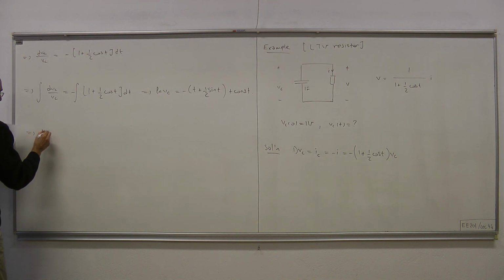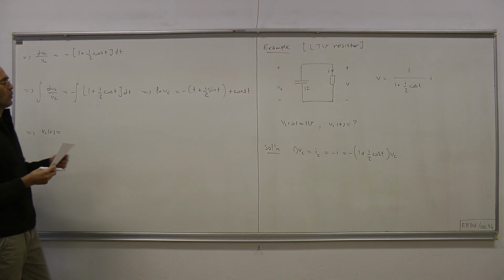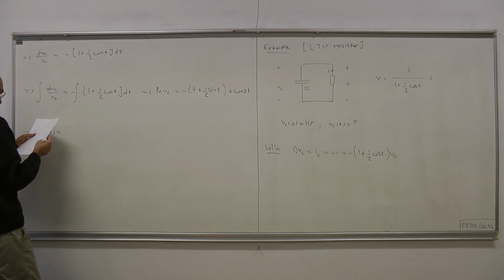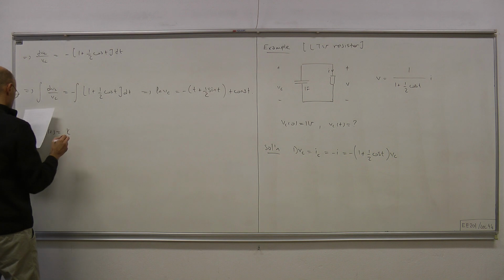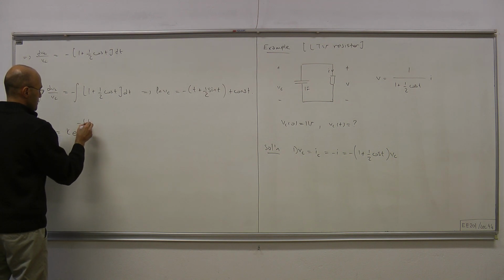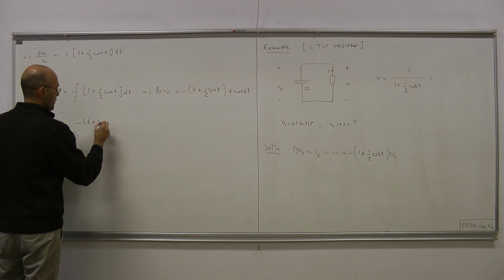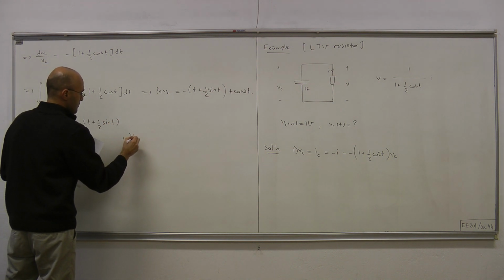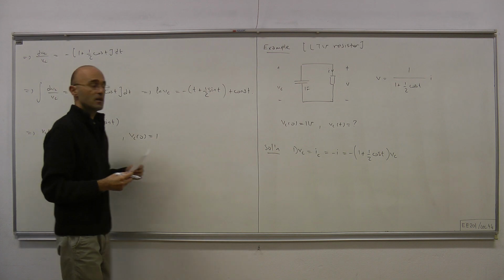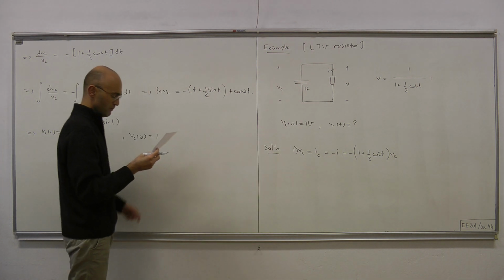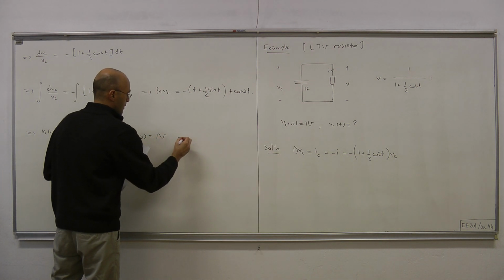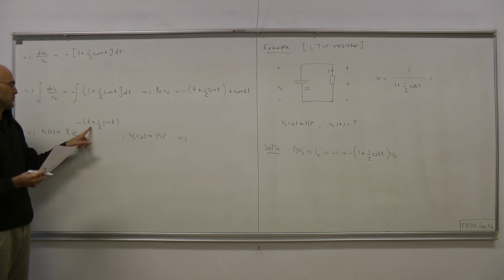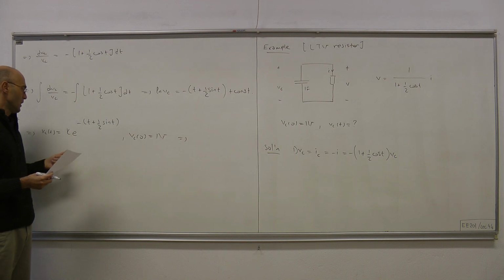Therefore, taking exponentials of both sides, VC of t must equal K e to the minus t plus 1/2 sine t. And VC0 is given to be 1 volt. That implies, plugging in t equals 0, the sine term is 0, so we have e to the 0, which is 1.